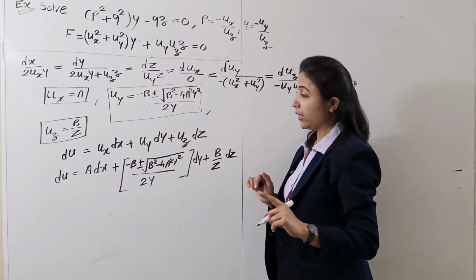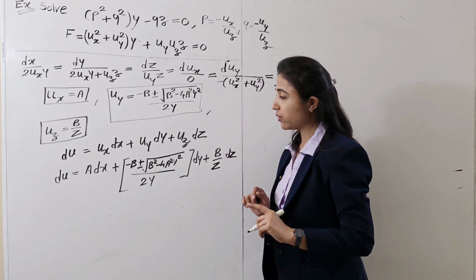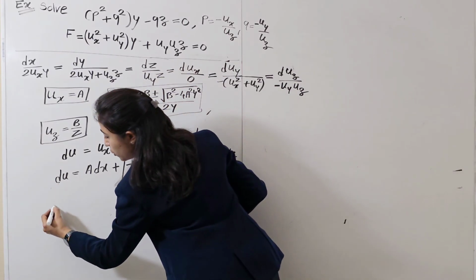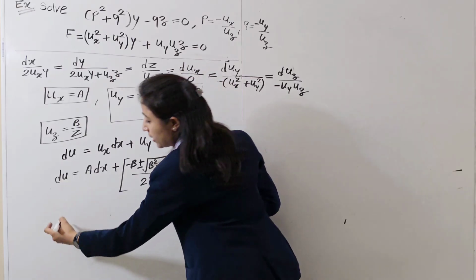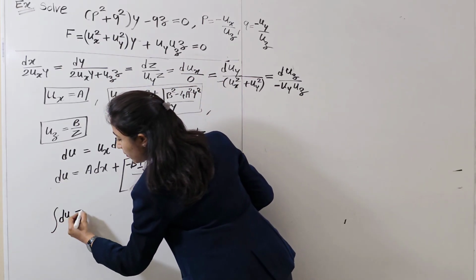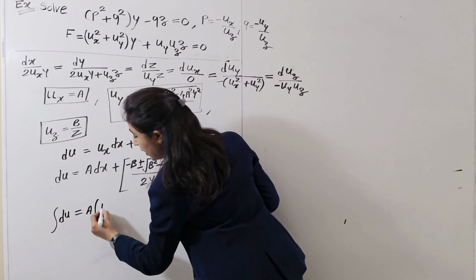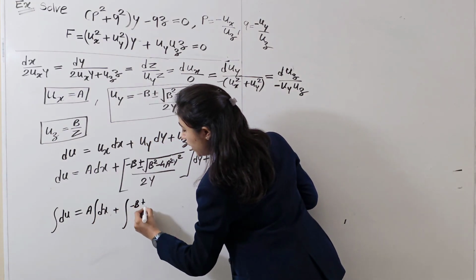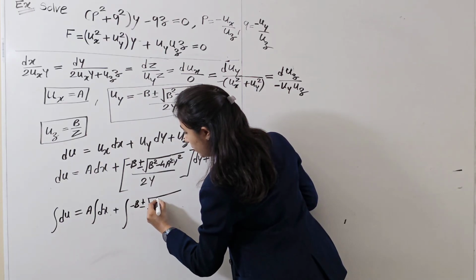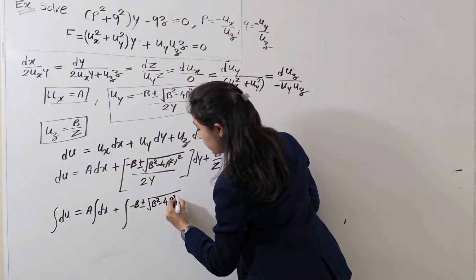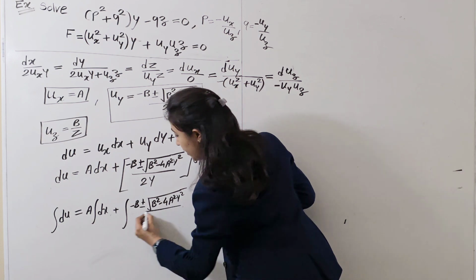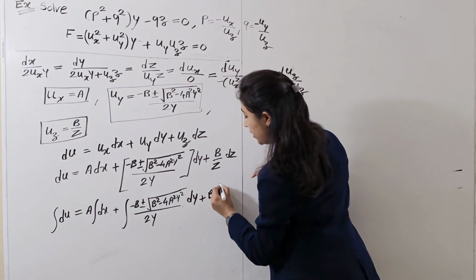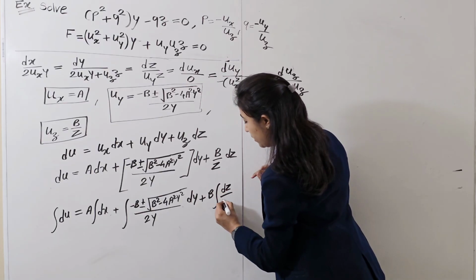In the next step, integrate both sides. Complete solution means you want u equal to a function of x, y, z. So integrating both sides, on the left you get the integration of du. On the right, the constant we can take outside: integration of dx, plus integration of minus b plus minus root of b square minus 4 a square y square divided by 2y dy, plus b, which is constant, integration of dz divided by z.